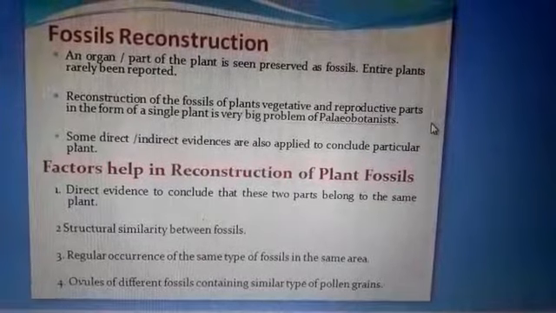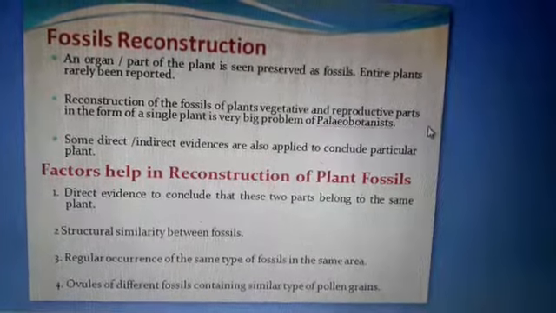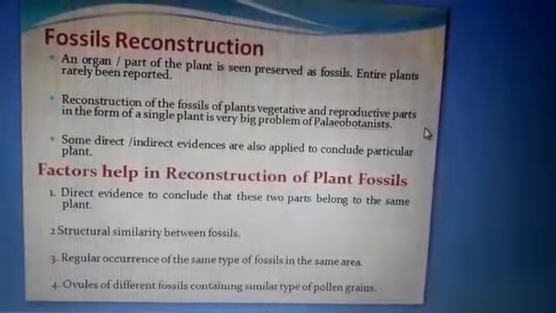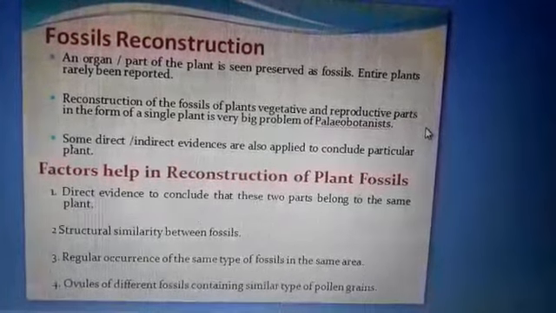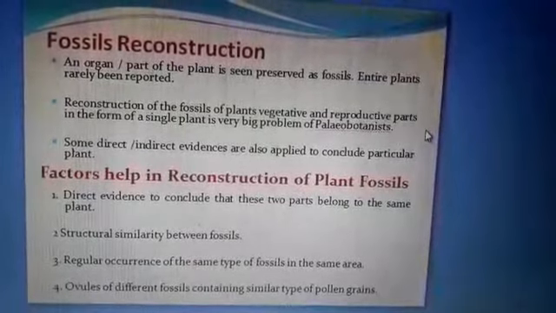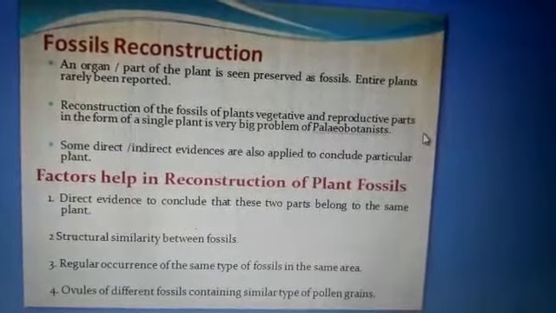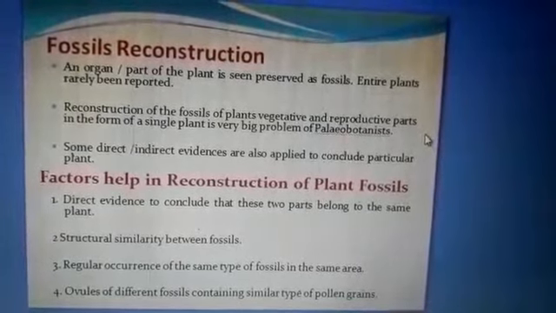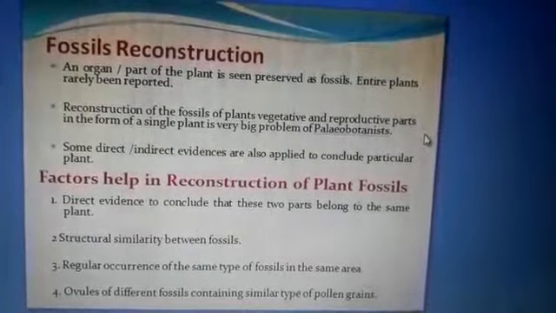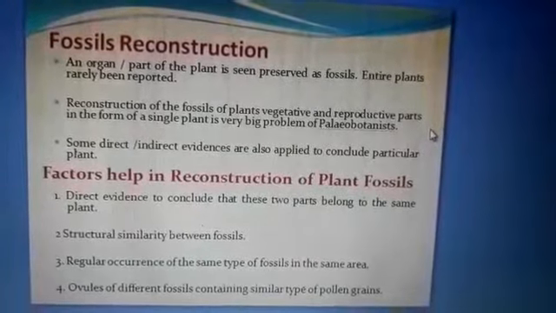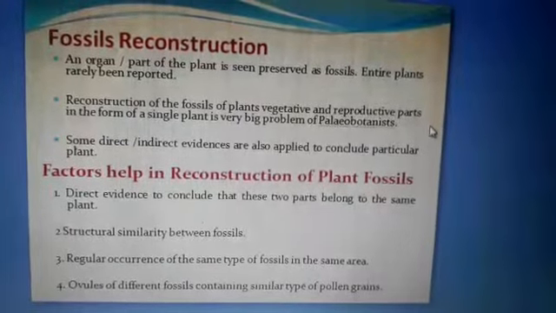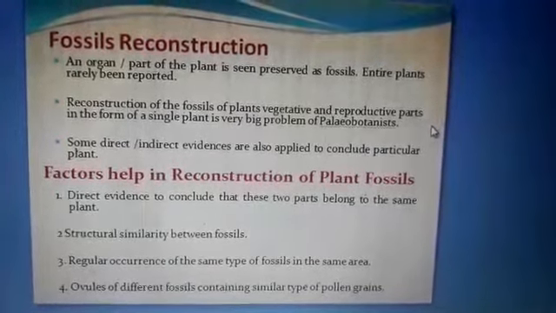Entire plants are rarely reported, and reconstructing the vegetative and reproductive parts into a single plant is a big problem for paleobotanists. Some direct or indirect evidence is applied to conclude the particular plant.